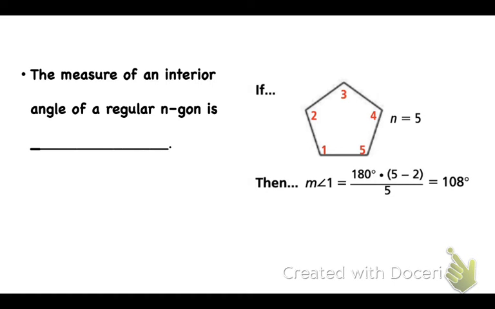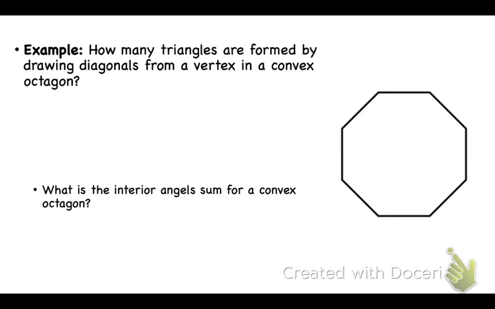Okay. So now we need the measure of the interior angles of a regular polygon. Do you guys remember what regular meant? All the sides were the same. Regular means all the sides are the same length. So if all the sides are the same length, what do we know about all the angles? They're all the same. We found the sum of all these angles, and it was 1080.